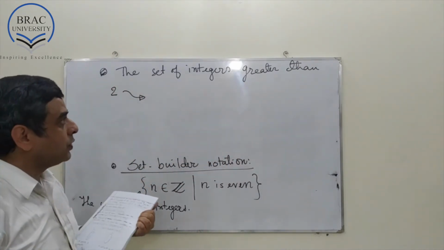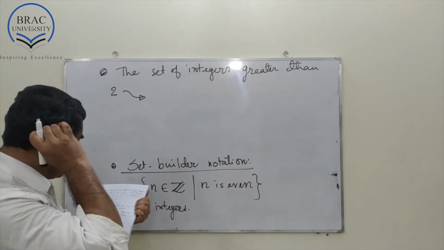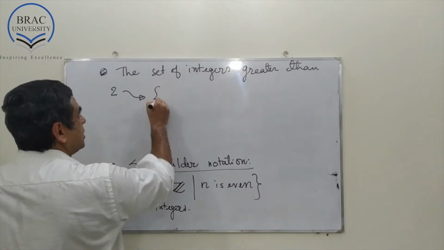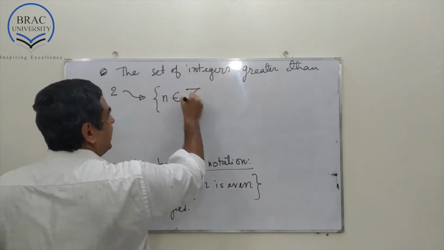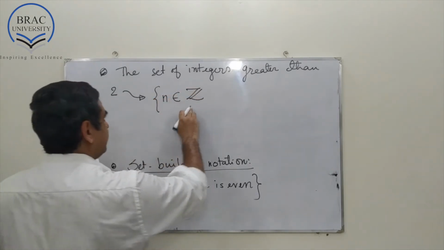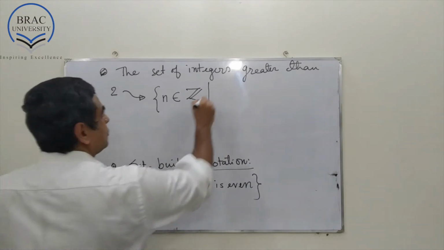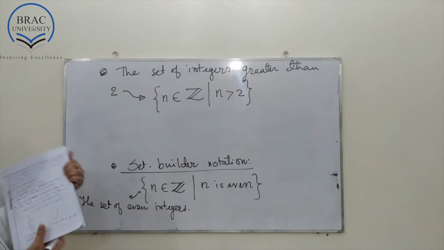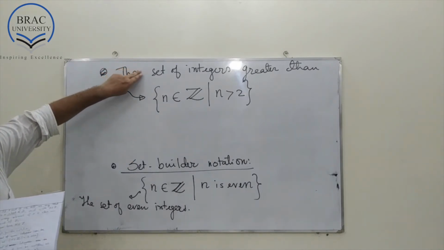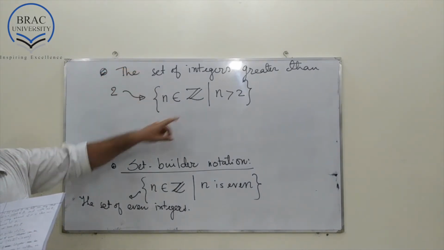How can we denote this set using set builder notation? We can denote it as n being in the set of integers such that n is greater than 2. So this set is denoted by the set builder notation.